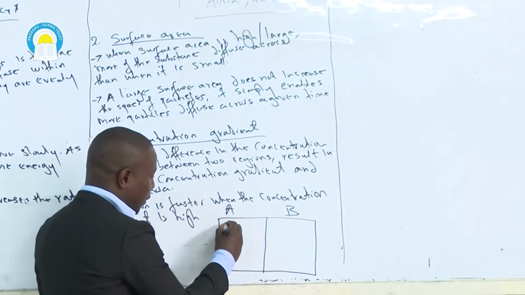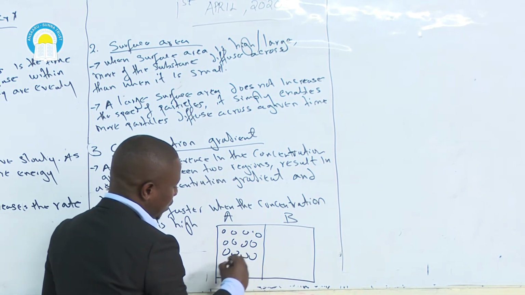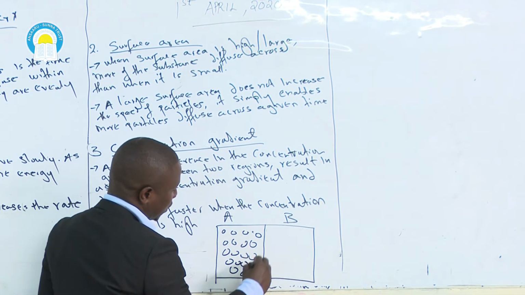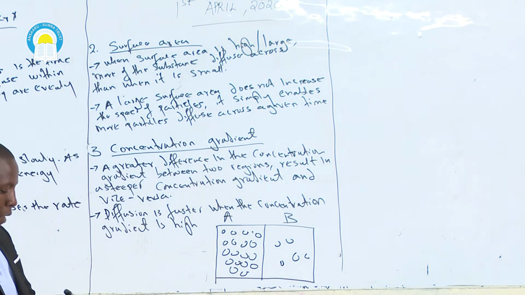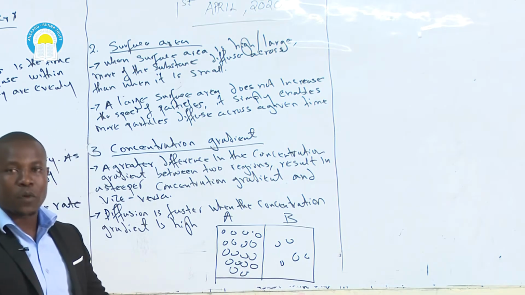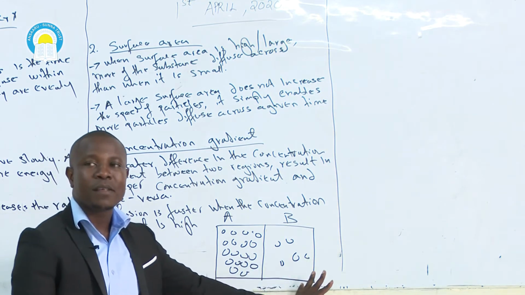For example, here, these are the particles. You can see that side A has a lot of particles, or solute, so it is highly concentrated, while side B is less concentrated.